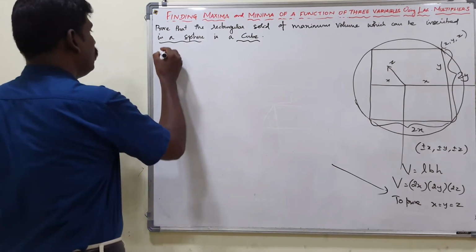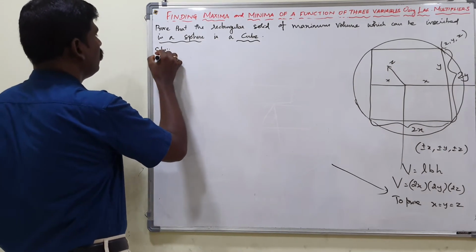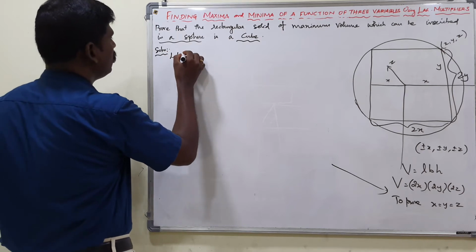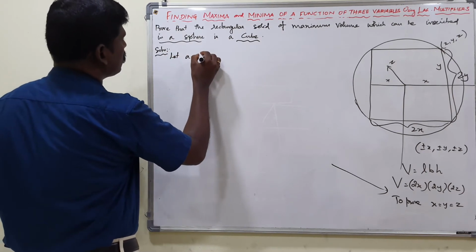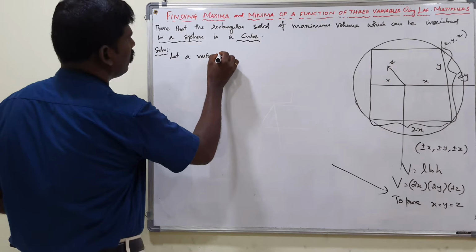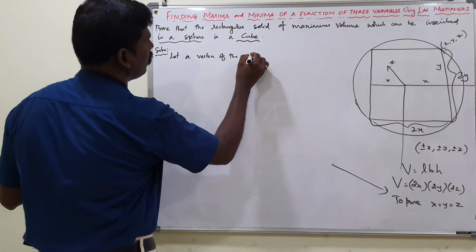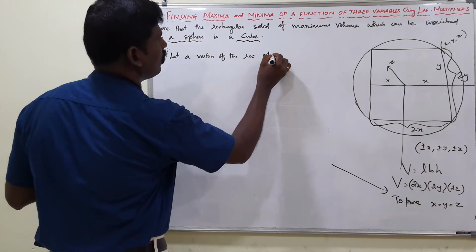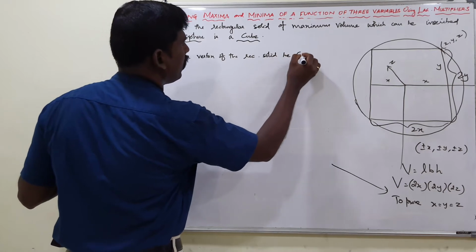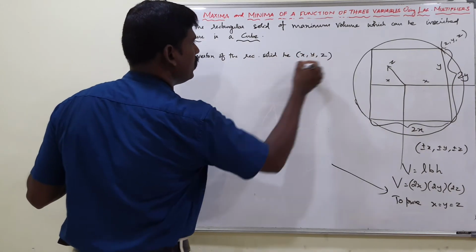Right. Solution. Let a vertex of the rectangular solid be x comma y comma z.